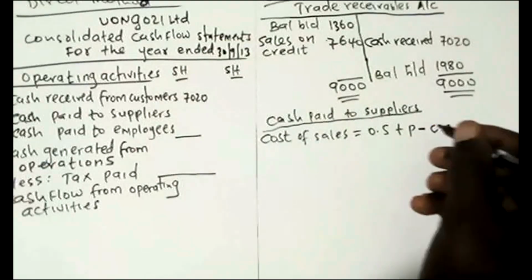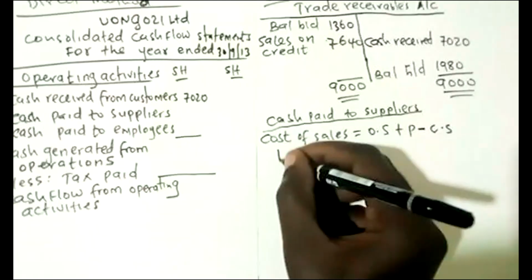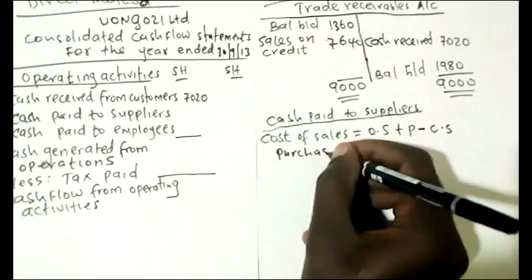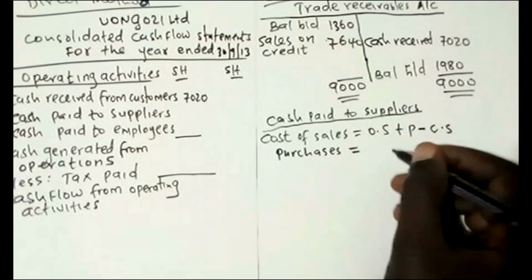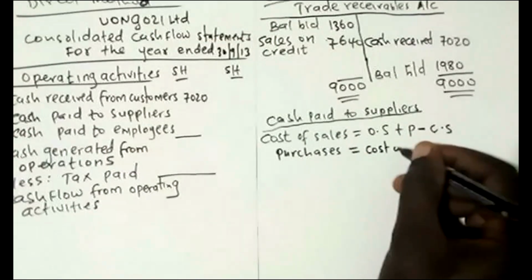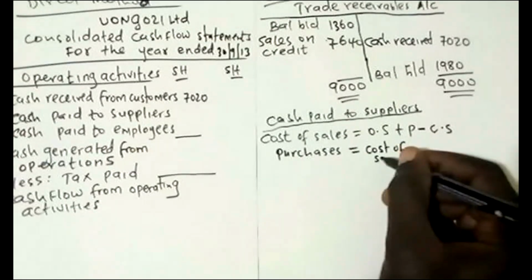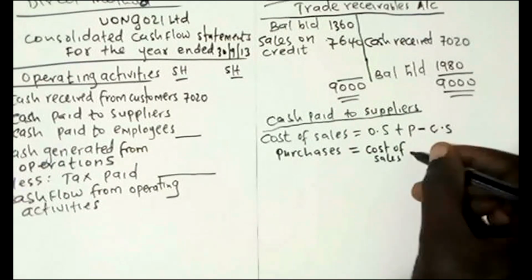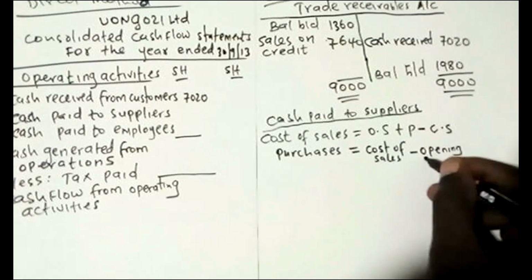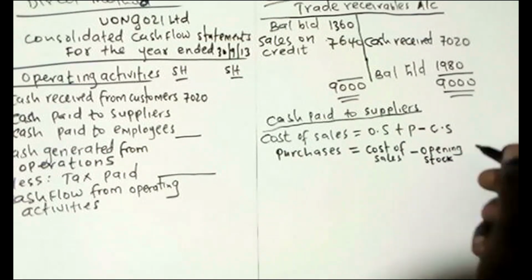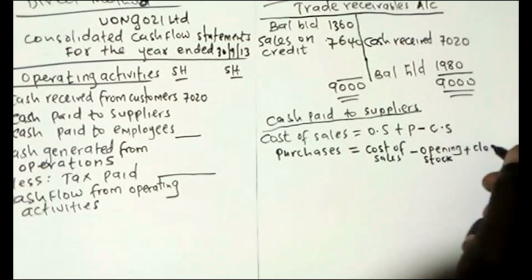We need purchases. So purchases is equal to cost of sales minus opening stock plus closing stock.